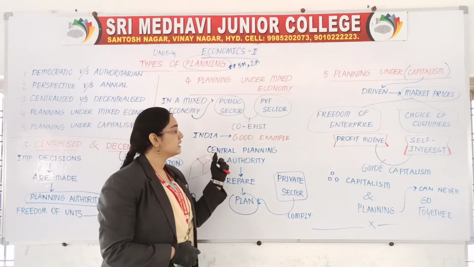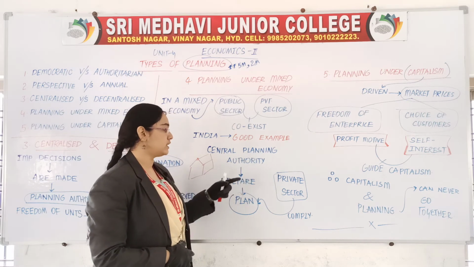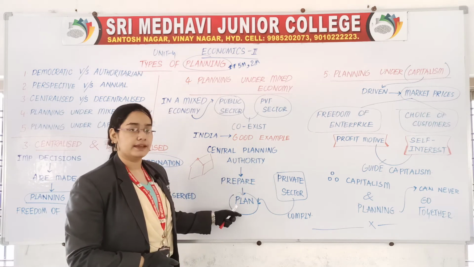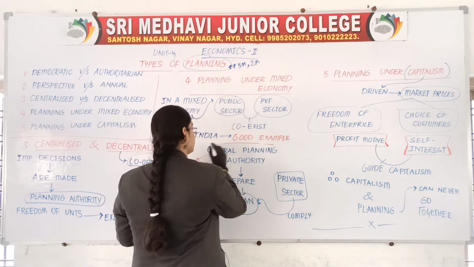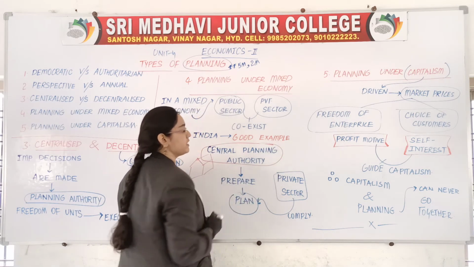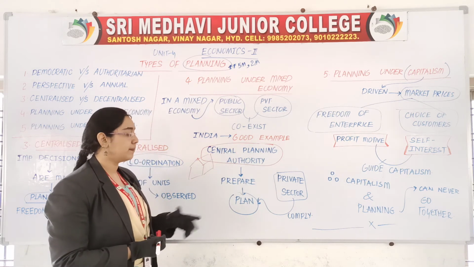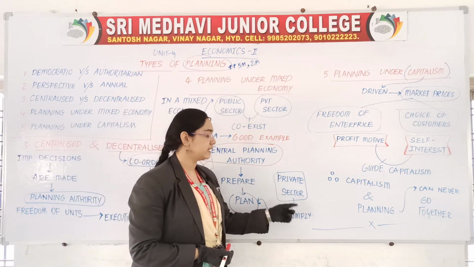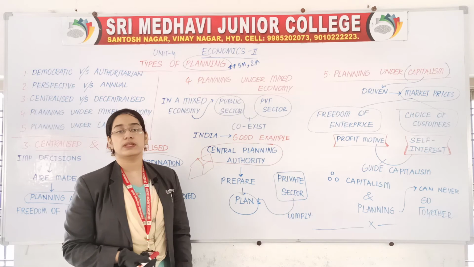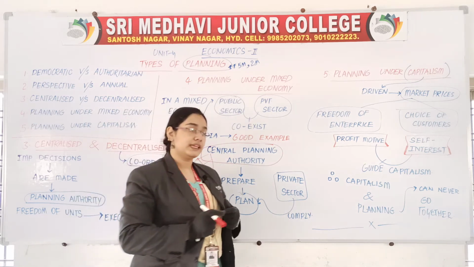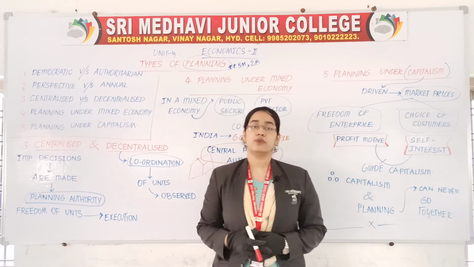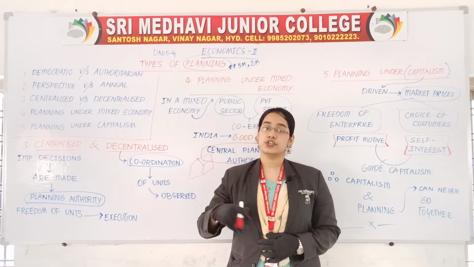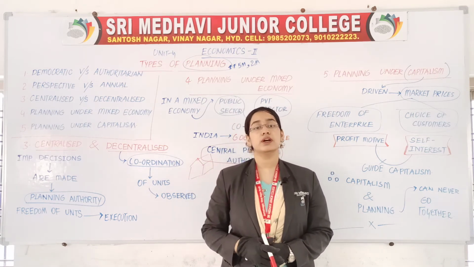So under this, the Central Planning Authority prepares a plan. Who will prepare the plan? The Central Planning Authority will prepare a plan and the private sector needs to comply with it. Comply means to agree. If I allot you some work, you need to accept my work.